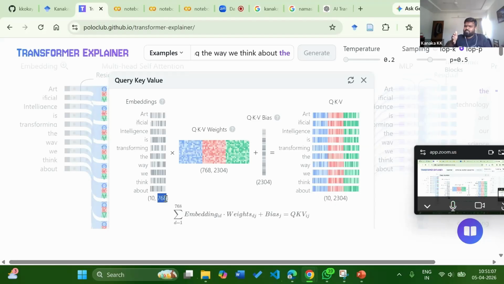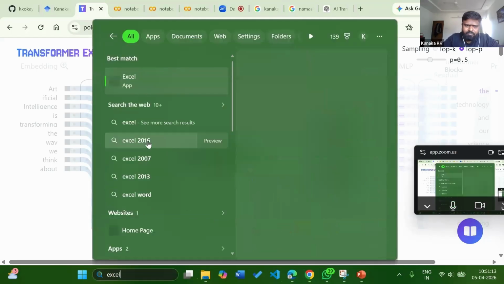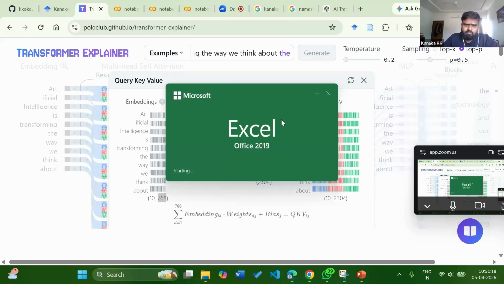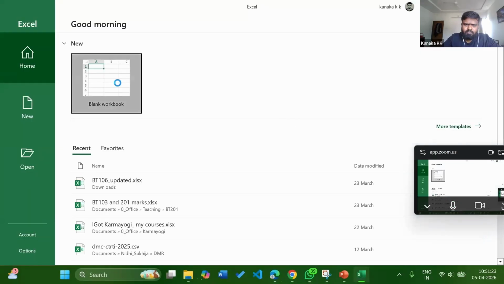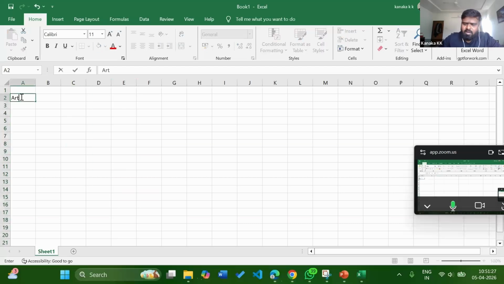Basically these vectors form a matrix. Now I will open Excel, for example. Here the embedding means my tokens, up to how many tokens were there? 10 tokens were there.